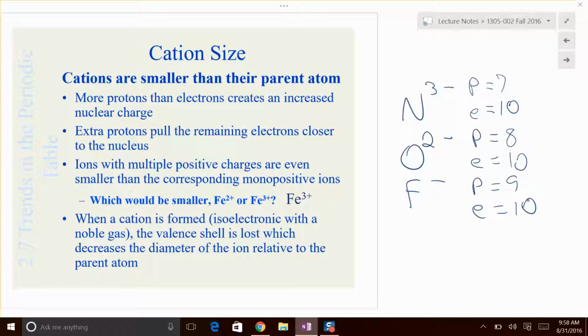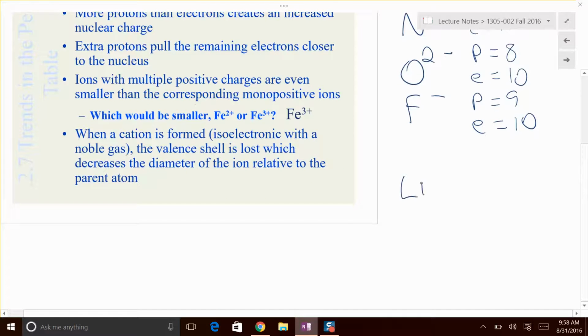Nitrogen will be bigger. Okay? So who's smaller? Who's smaller? Beryllium. Okay, good. Why?